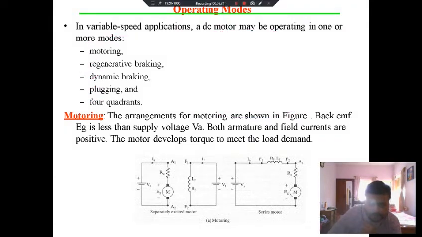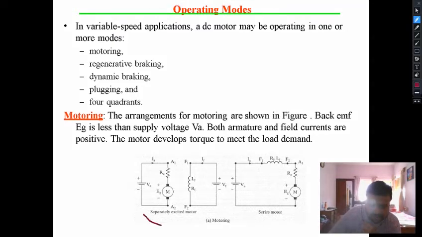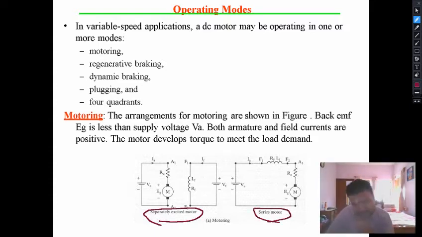So then this is a schematic diagram or a circuit diagram of a separately excited motor and a series motor, and both the machines are connected in motoring modes.